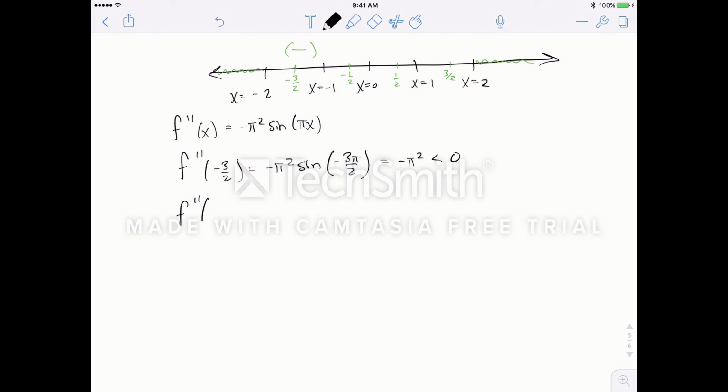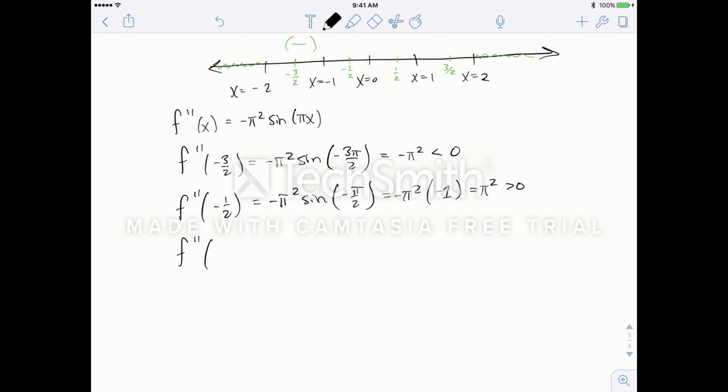F double prime of negative 1/2 is equal to negative pi squared sine of negative pi over 2. Sine of negative pi over 2 is negative 1, which makes this pi squared, which is positive.